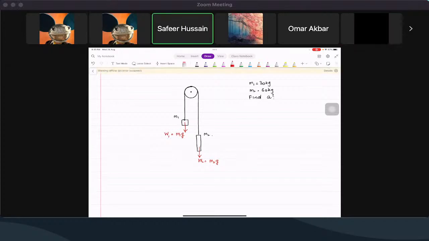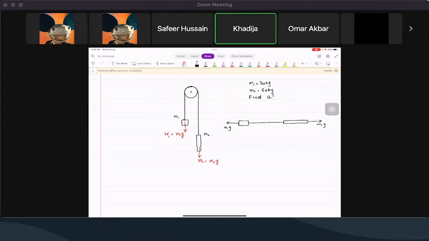Now if you notice this, although both the weights are acting down, do not mistake it for the same direction, because if you remove the pulley and put them in a line, you'd realize that it is pulling this way with m2g, and the other one is pulling in the opposite direction, which is m1g. It is not the same. Is it clear? Yes, sir.